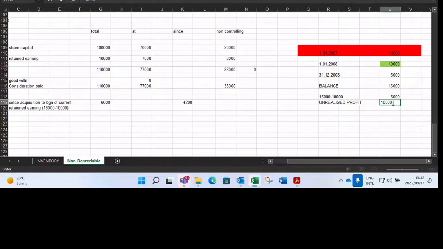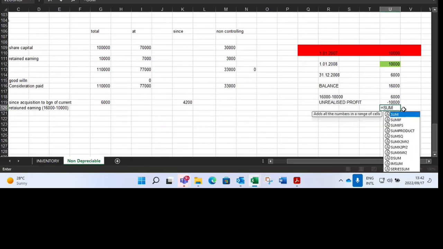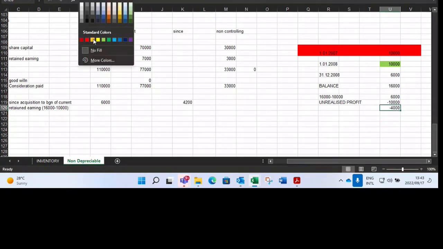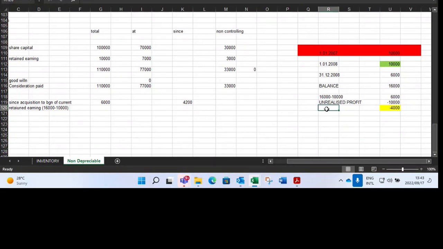Because it's unrealized, it's not going to be taken into account when we do the consolidation, because it's not yet realized. It's only going to be taken into account when it's realized. So now it's an accumulated loss.